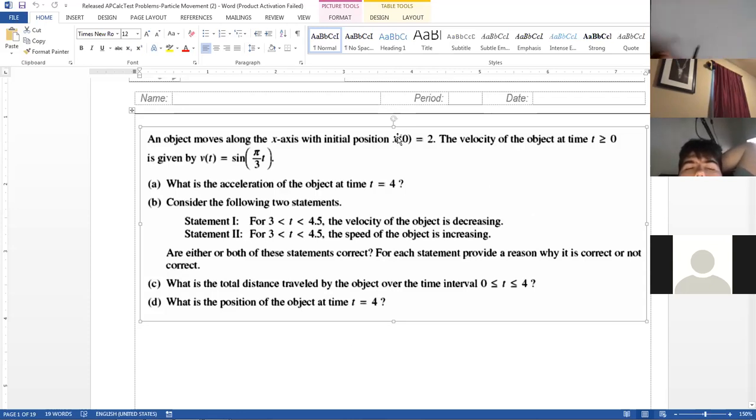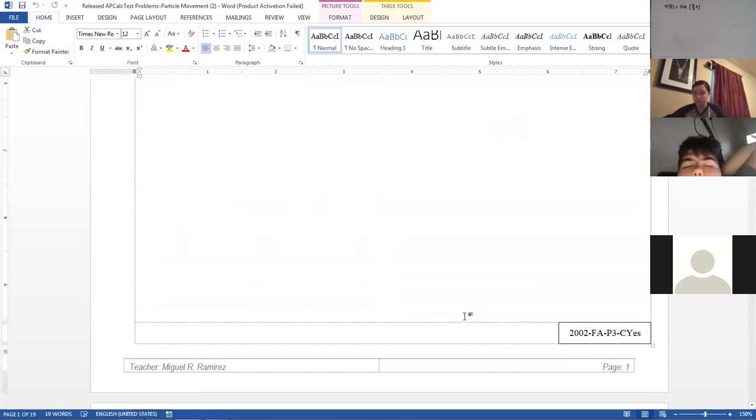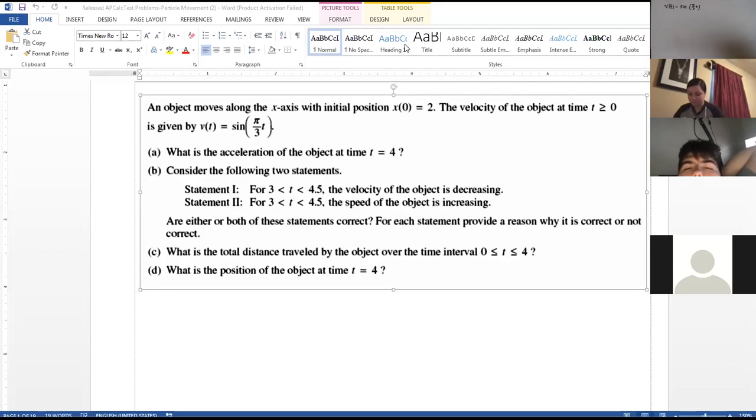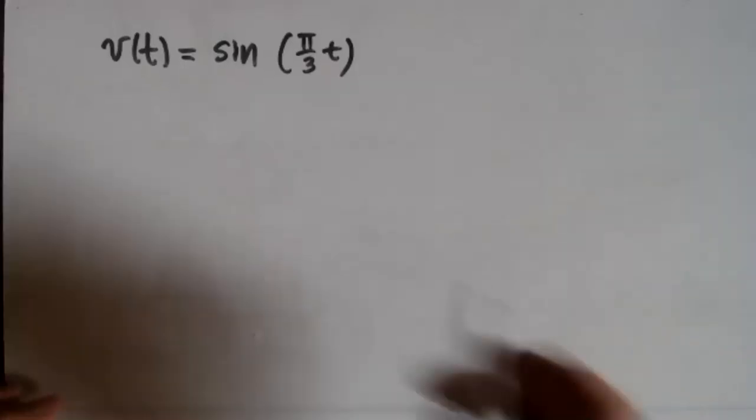Let me just write this one. This is v of t equals sine pi over 3t, right? But you just plug in t for 4, right? Vamos a ver. Let me just go back to the screen. This is the velocity, yeah?